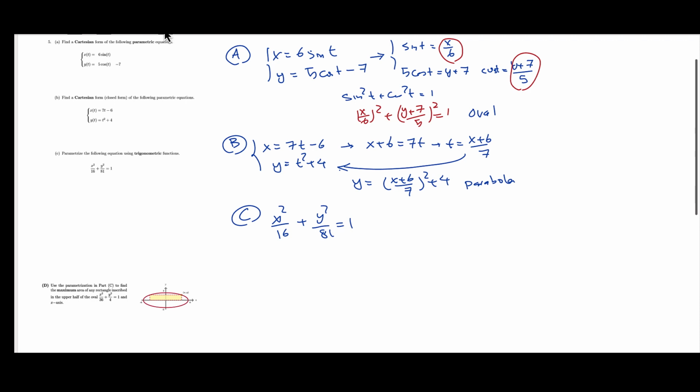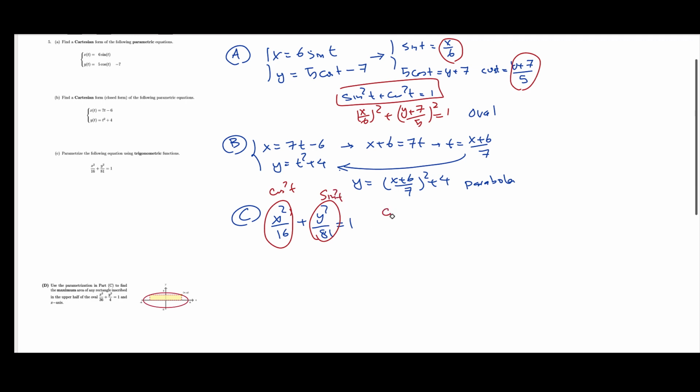What I do is, again, I use the Pythagorean identity over here, except that here two positive things are added together, and I got 1, so I can assume the first one is, let's say, cosine squared t, and the second one is sine squared t.